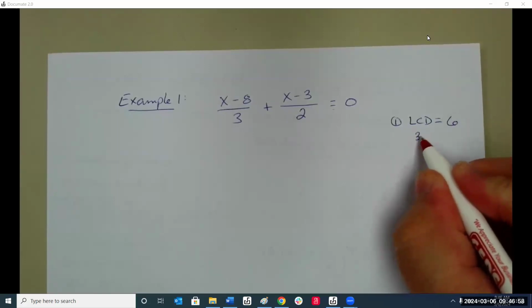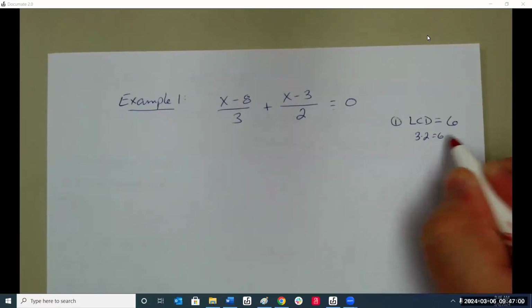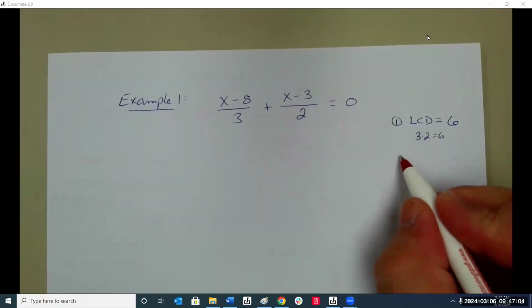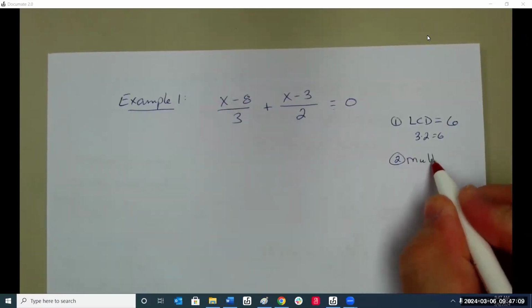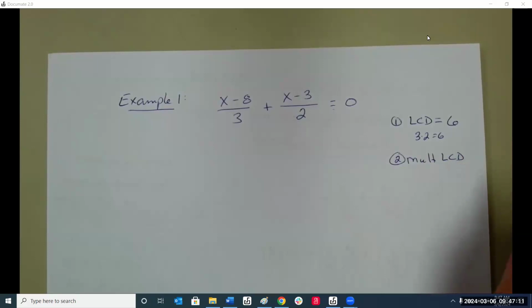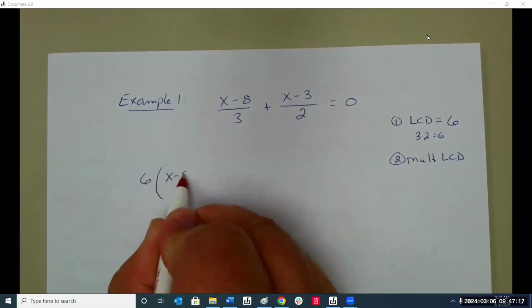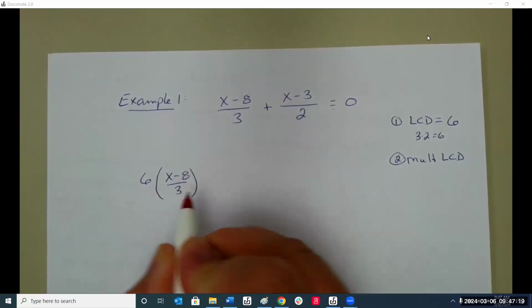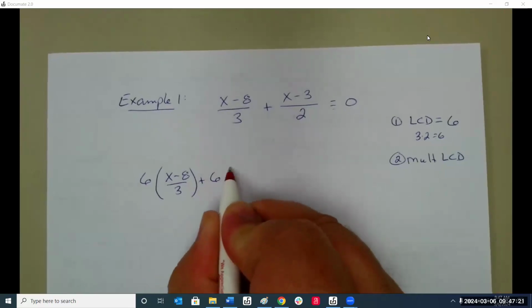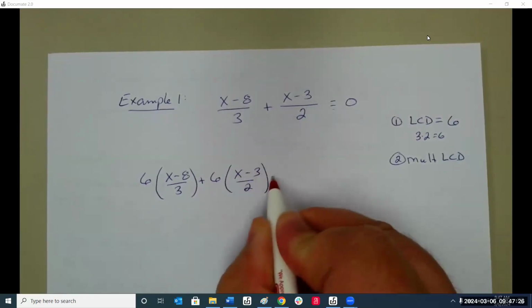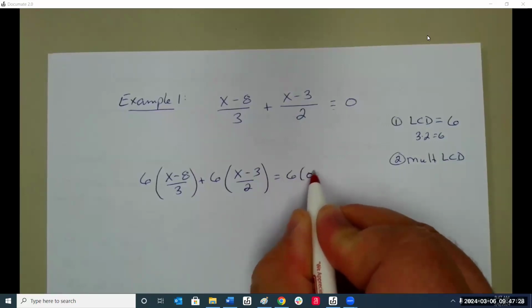It's 3 times 2, which is 6. What do I do with my LCD? Multiply the LCD, you skipped a step. So we have 6 times x minus 8 over 3, plus 6 times x minus 3 over 2, equals 6 times 0.